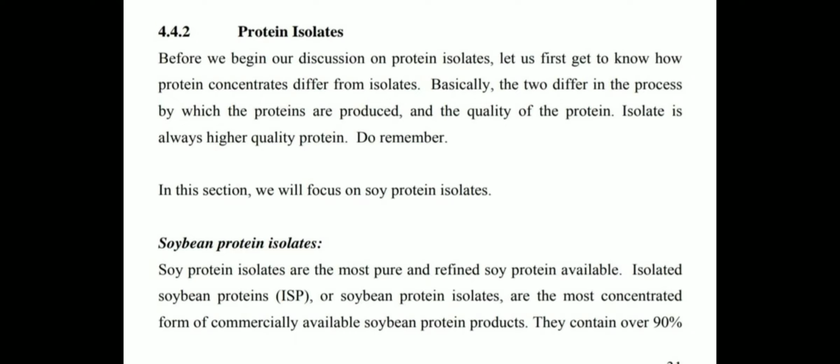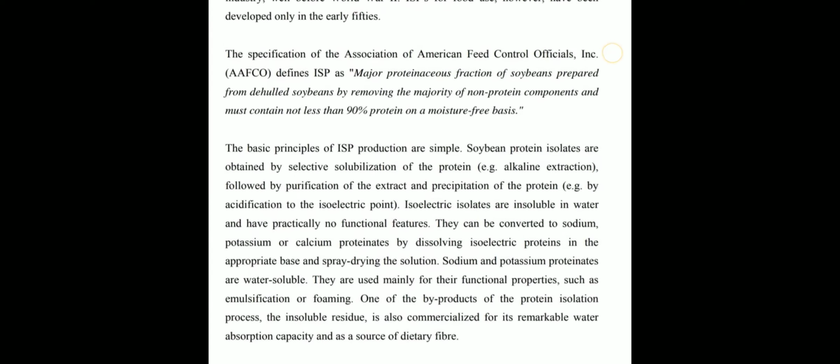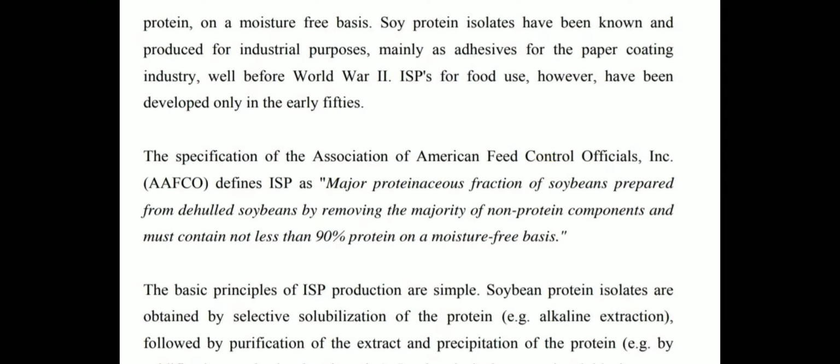Soybean protein isolates are the most pure and refined soy protein available. Isolated soybean proteins, abbreviated as ISP or soybean protein isolates, are the most concentrated form of commercially available soybean protein products. They contain over 90% protein on a moisture-free basis.